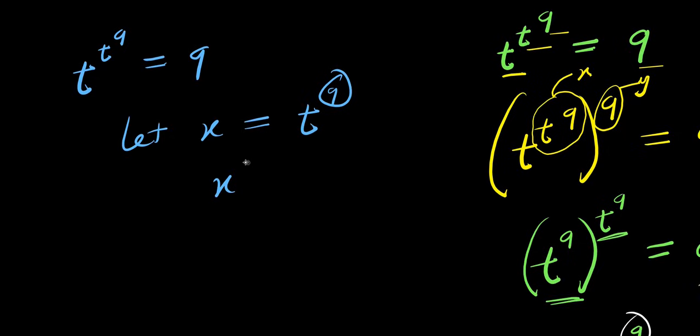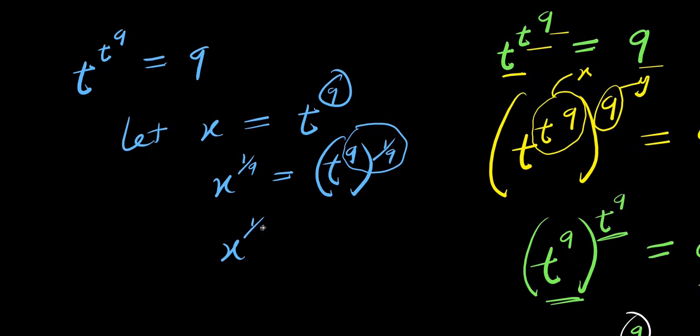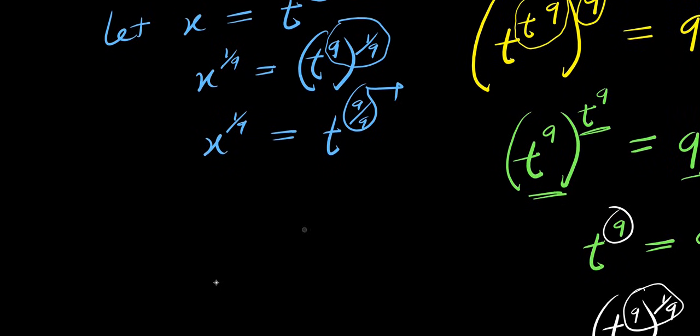That means x^(1/9) = (t^9)^(1/9). By multiplying this exponent, I have x^(1/9) = t^(9 times 1/9). You have 9 over 9, and this is 1. So from here, I have x^(1/9) = t.